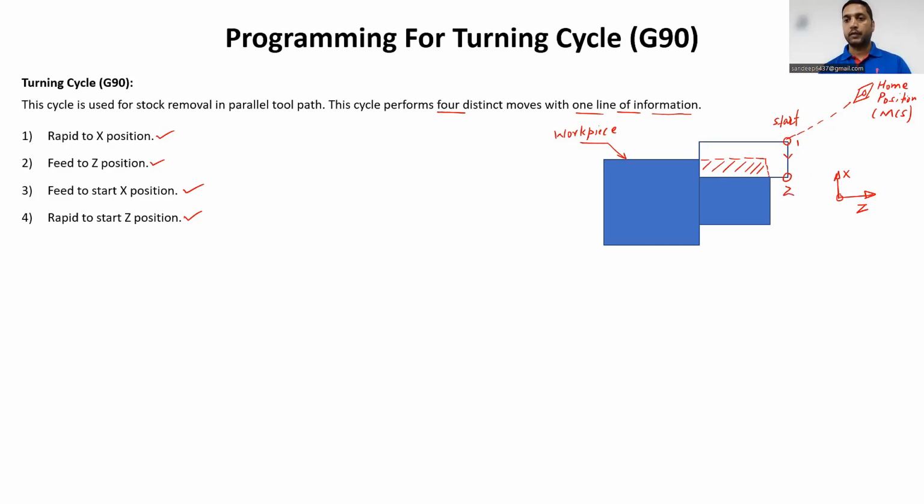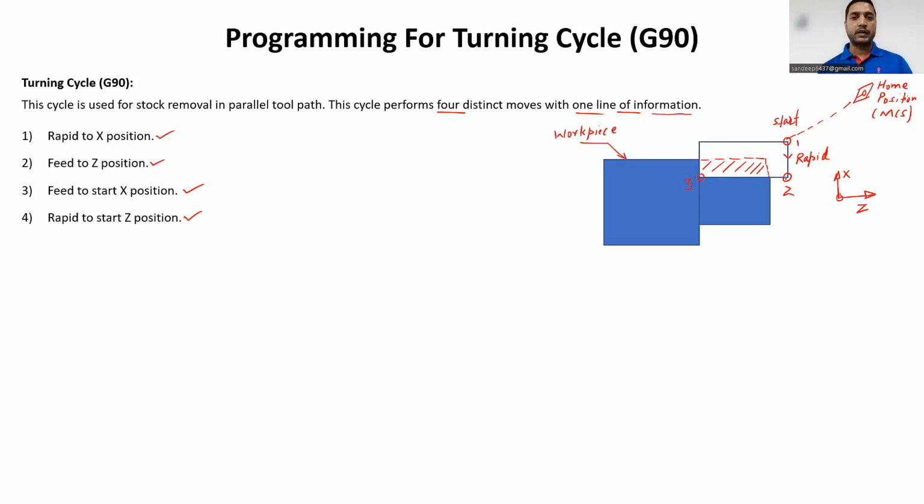As there is no contact of the cutting tool here, you can see, we will provide rapid movement to the cutting tool. So this is the meaning of the first move, rapid to X position. When we are going from point number 1 to 2, we are providing rapid movement. Now, from 2 to 3, let us say this is point number 3.